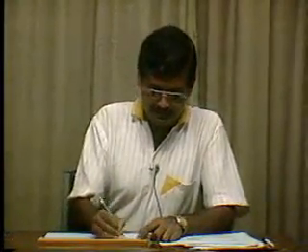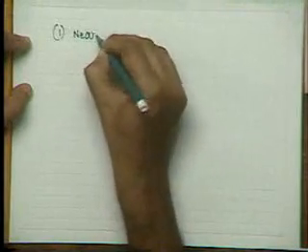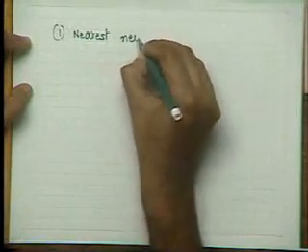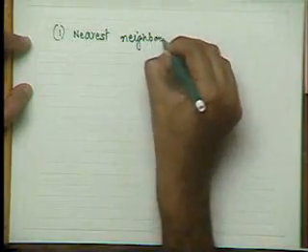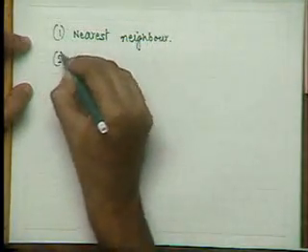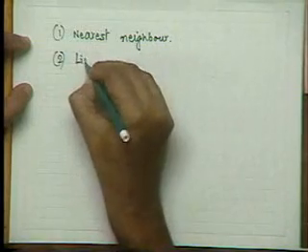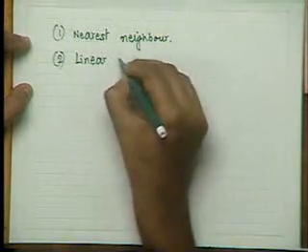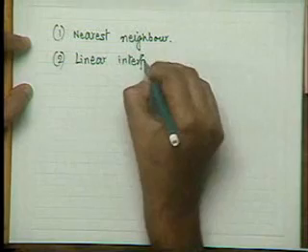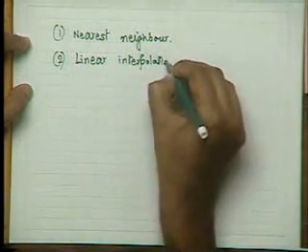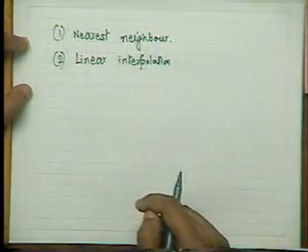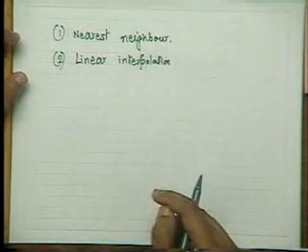So in the interpolation techniques we have already learnt of the nearest neighbor. So we can do a nearest neighbor interpolation, or we can do a linear interpolation, actually this linear interpolation we have to do in x direction as well as in y direction.